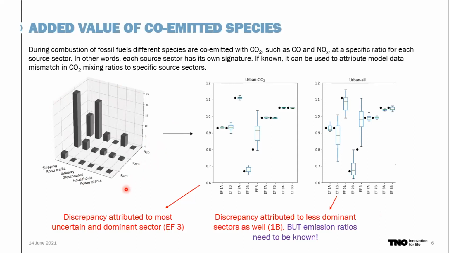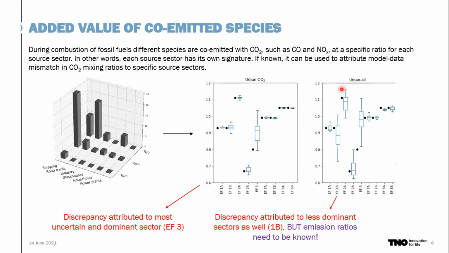So what we try to do now is include the observations of these CO-emitted species in our inversion to basically say, okay, this model data mismatch cannot be attributed to the industry because the signatures don't match. And then you get the result on the right.